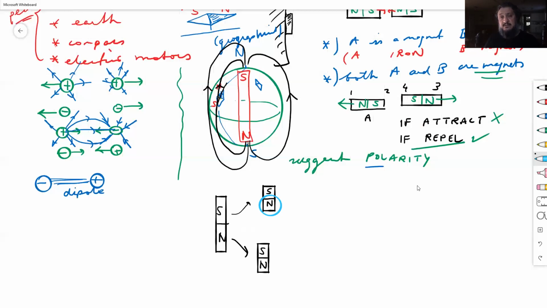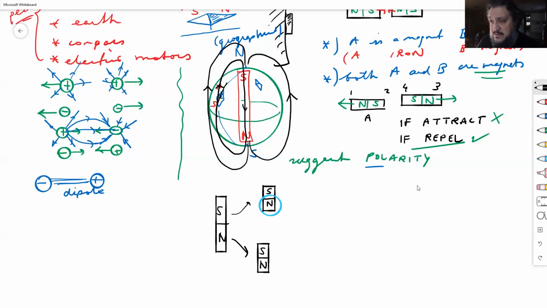Instead, they will be loops. So inside the magnet, we take this magnetic field line and connect it to the line at the other pole. So inside the magnet, it's going to go from south to north. Once you're outside the magnet, it's going to go from north to south. By go, I mean the direction of the electric field, magnetic field, sorry.